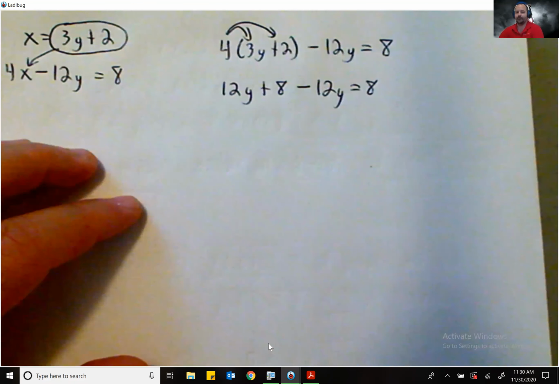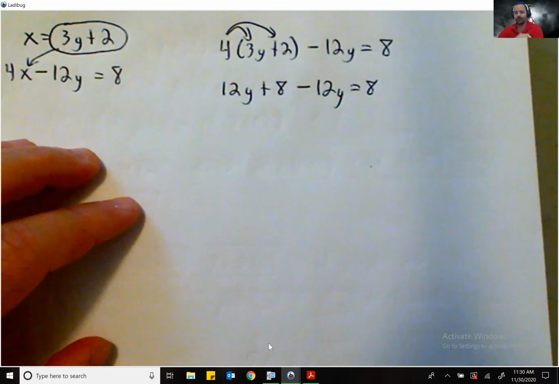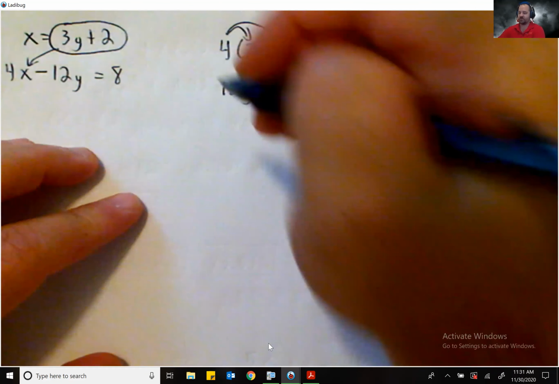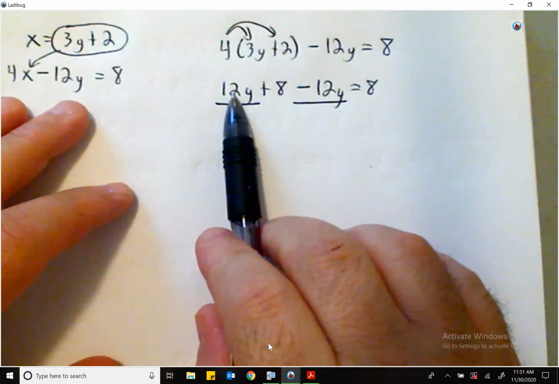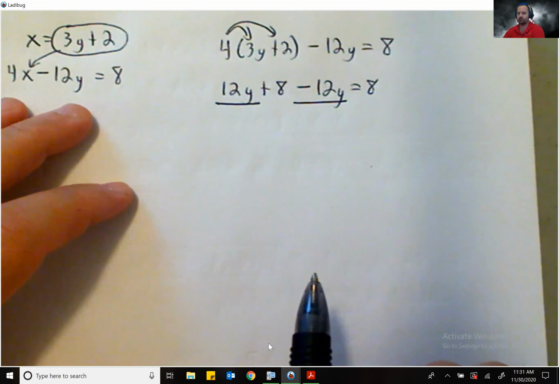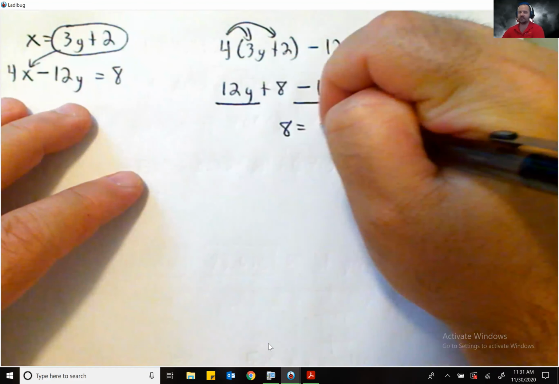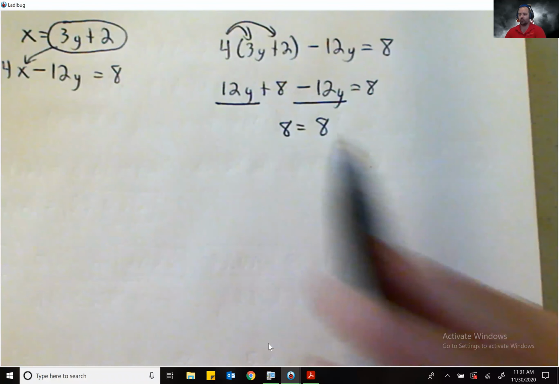All right, now what? We can subtract 8, but we can do this even faster if we just put like terms together real quick. What's going to happen with 12y and negative 12y? They're going to cancel out. So what we're left with is 8 equal to 8. No more variables. What does this mean?